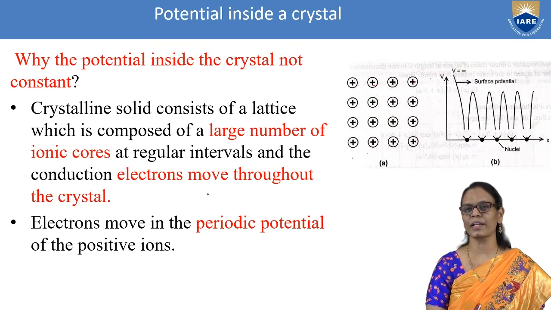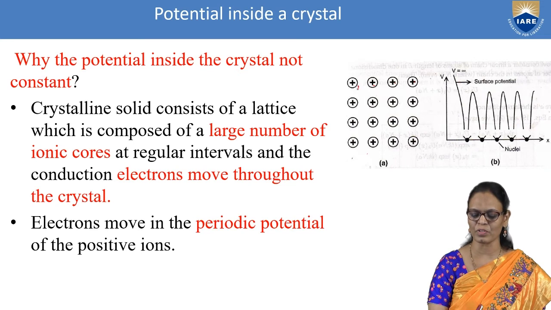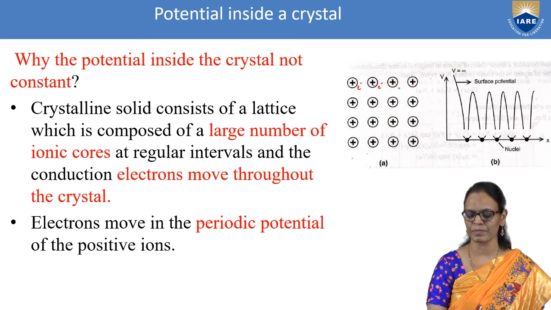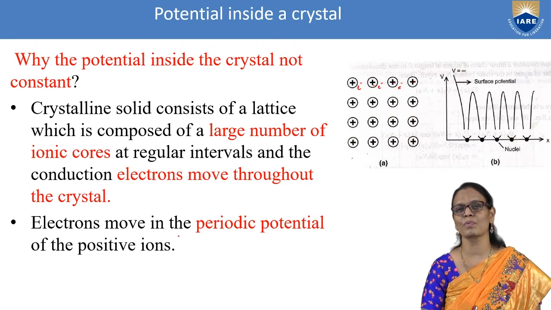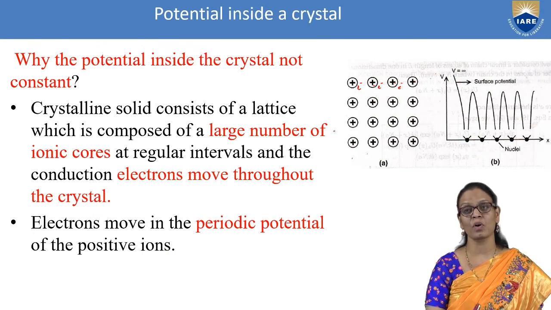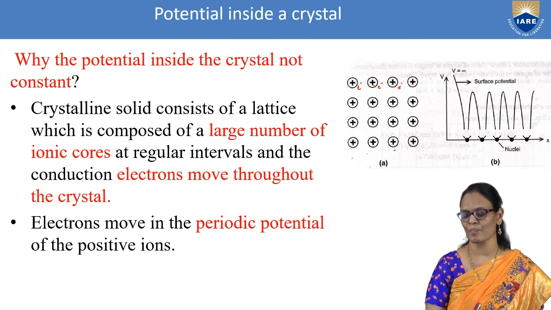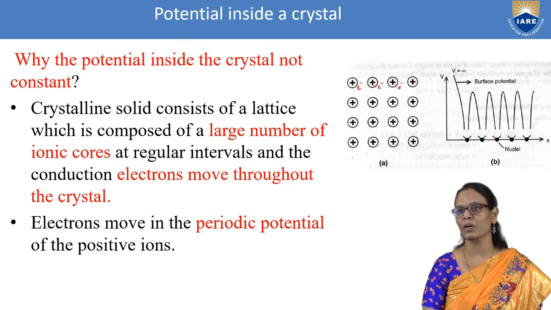And the conduction electrons move throughout. Now we have the electrons that are detached, moving freely inside. And these electrons move in a periodic potential between the positive ions. So they do not move in a constant potential. They are moving in a periodic potential.